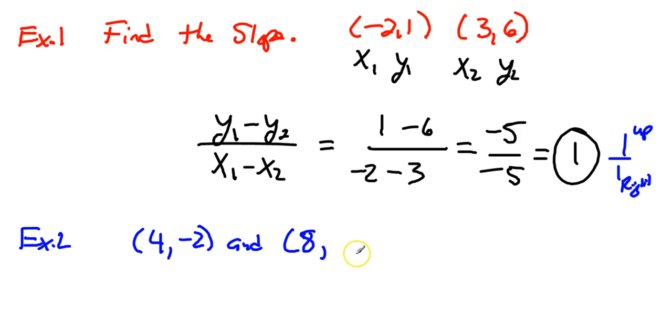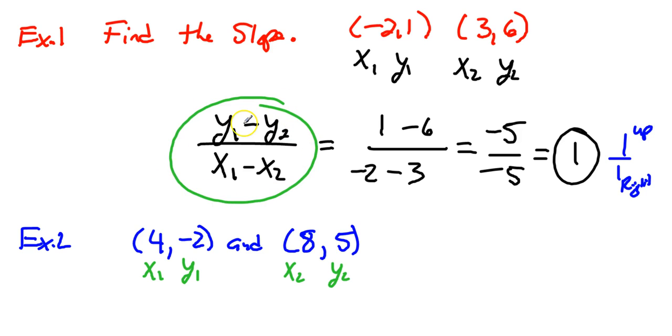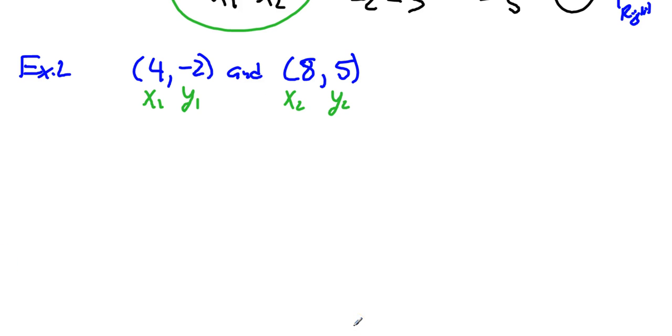So let's say we had like 8, 5 for the next point there. Okay, and again, let's keep it simple. When you're doing these, make sure x1 and y1 on the first point, x2 and y2 on the second point. And again, I'm going to go back to this formula because I like putting the first things first and the second things second.